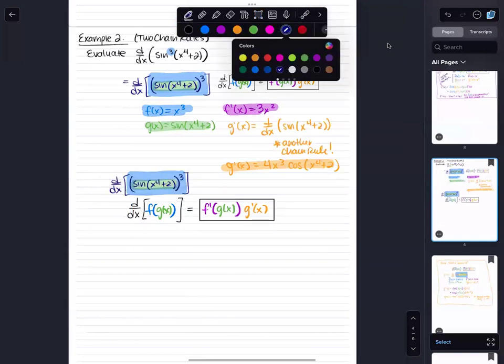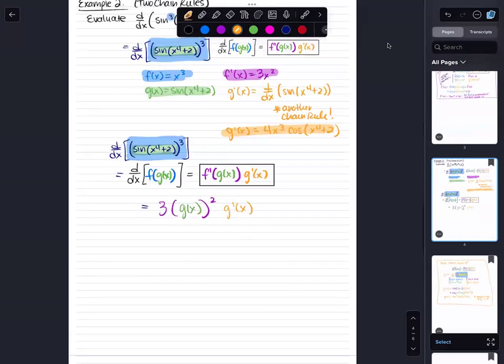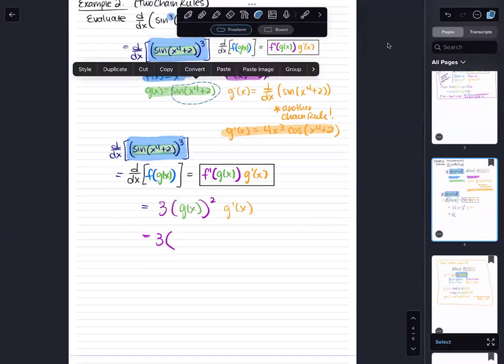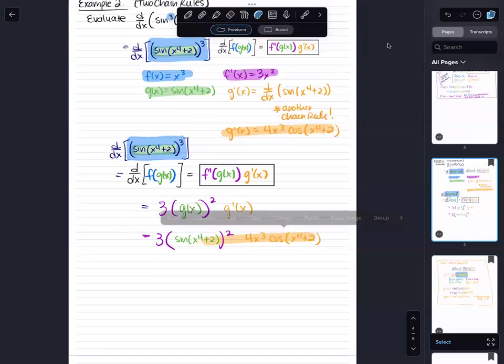That is f prime evaluated at G times G prime. Or three times the quantity sine of x to the fourth plus 2 raised to the second power, times the G prime expression that required a second chain rule.